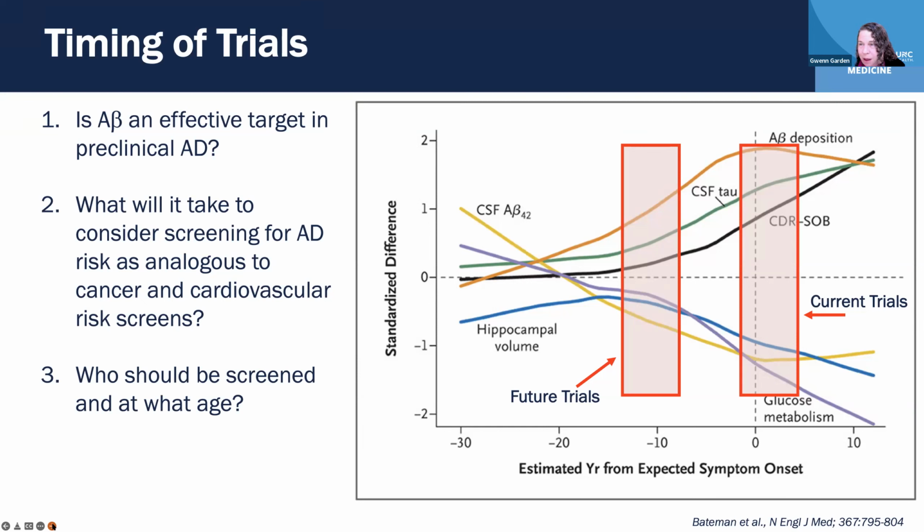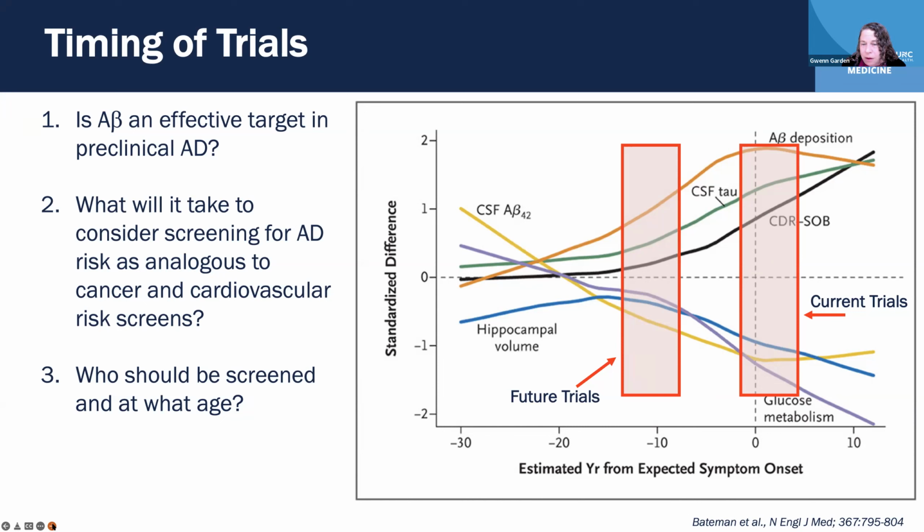I'll put in a little plug for the Duke UNC ADRC, and that concept is really one of the major themes of the ADRC, and anyone interested in ideas of what could be done in midlife for individuals, and whether or not we should be thinking about screening, thinking about some of these biomarkers of Alzheimer's disease in the way we think about cholesterol, and also thinking about the things that are happening to the brain in midlife.